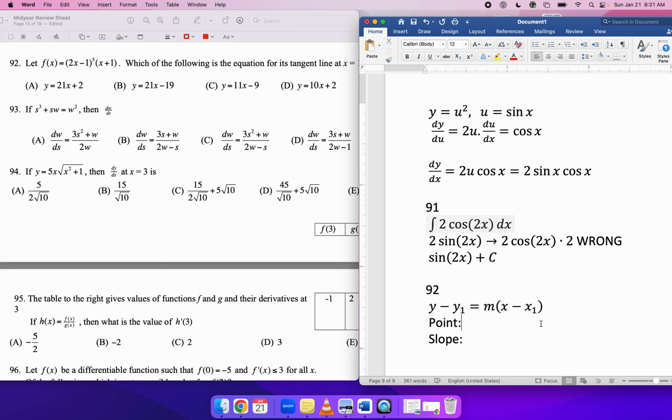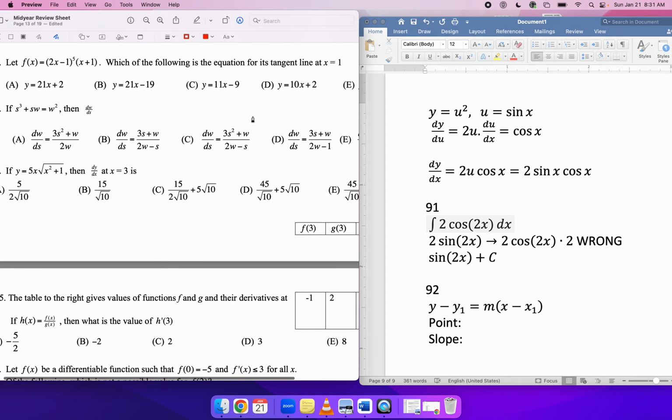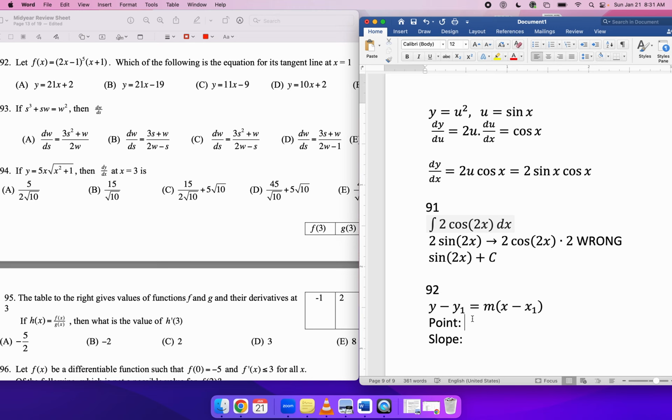The point on the line: the x value is 1. To find the y value, you plug 1 into the original function. 2 times 1 minus 1 is 1, to the 5th is still 1, times 1 plus 1, which is 2. I think it's just 2.